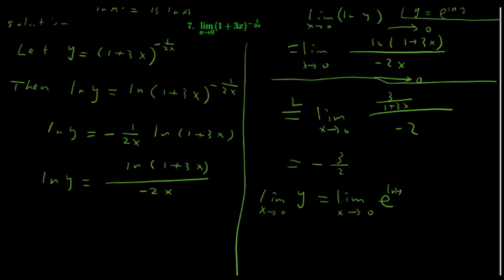By the continuity of the exponential function, you can put the limit at this location. You just use the identity. So this limit is actually the same thing as e to the power of the limit as x approaches 0 of natural log of y.